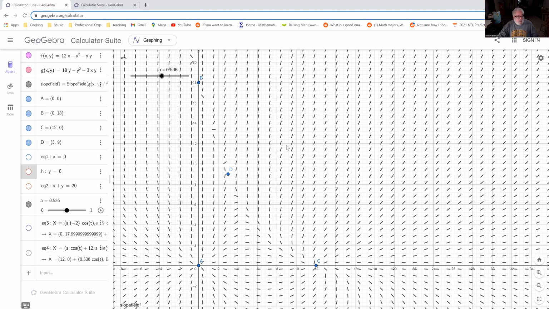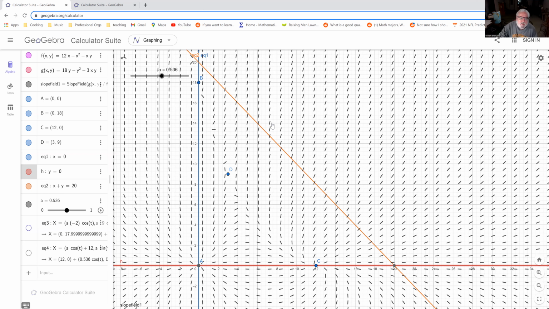And we know that the y-axis consisted of solutions, right? Going down here, going up there, and we know the x-axis consisted of solutions going towards the equilibrium at 12,0 for positive values of x. And now our line is that. That's x plus y equals 20. And so that's a line. It doesn't have anything to do with much of anything.